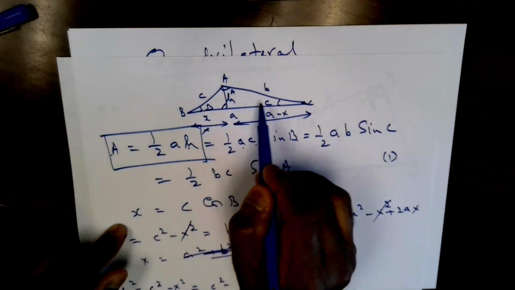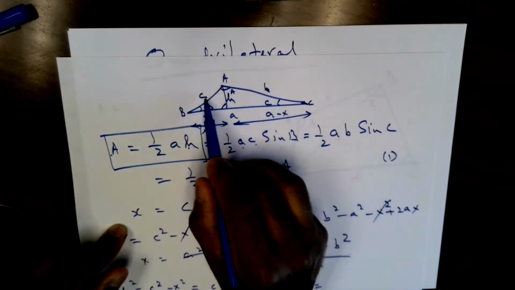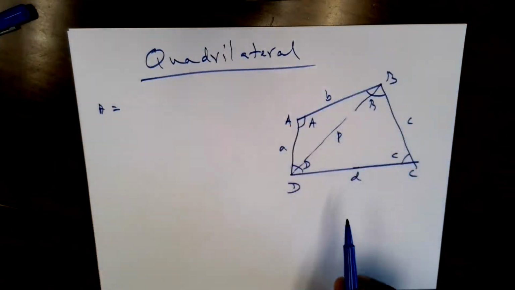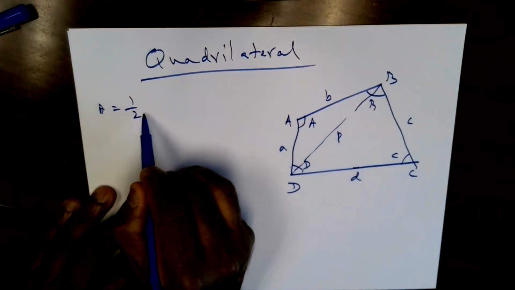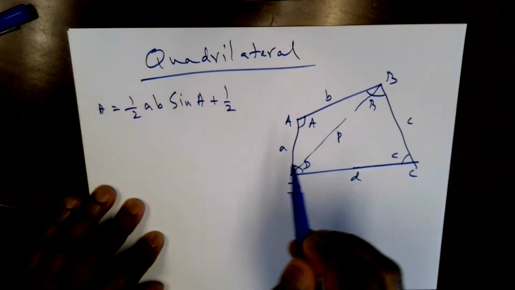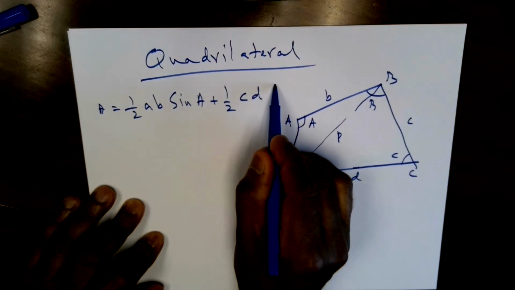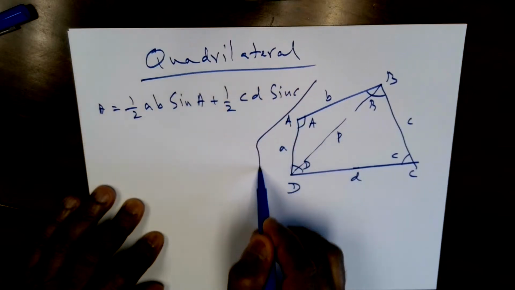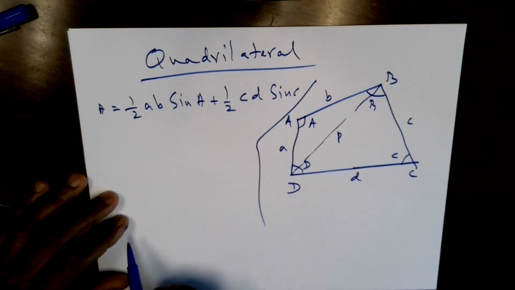The area of a triangle is half of two sides and the included angle sine. So this is going to be half AB sine A, the included angle, plus half CD sine C. Or I'm just going to call it 2A.